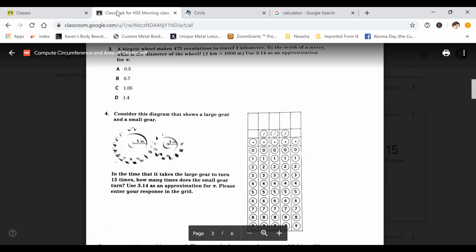So first you want to say how far would the gear go in 1 rotation? We multiply 15 times 5. What should you multiply times pi? 15. Nope. So you're starting out with the formula. What's the formula?